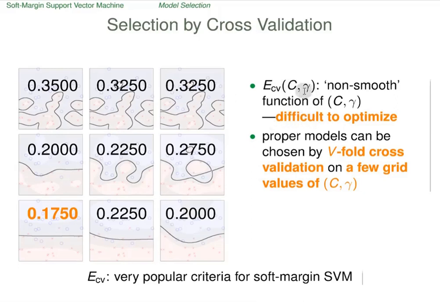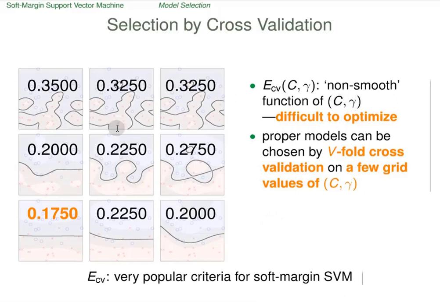Finding these optimal two is actually a combinatorial problem, which is not easy anymore. Nonetheless, we can still use a technique called grid search in combination with cross-validation, defining a few grid values of C and gamma. We can use the cross-validation error as a criterion for selecting soft margin SVMs with good C and gamma.